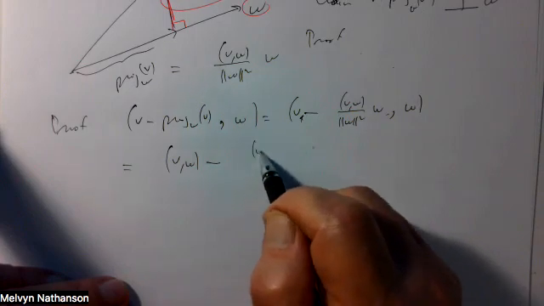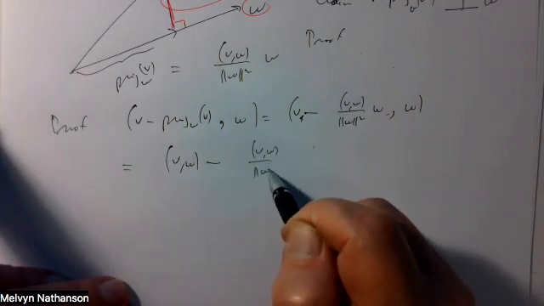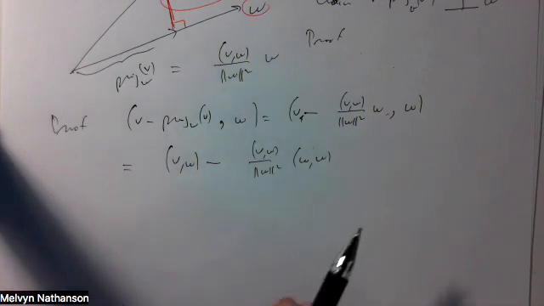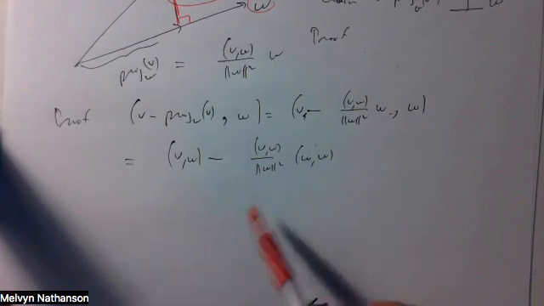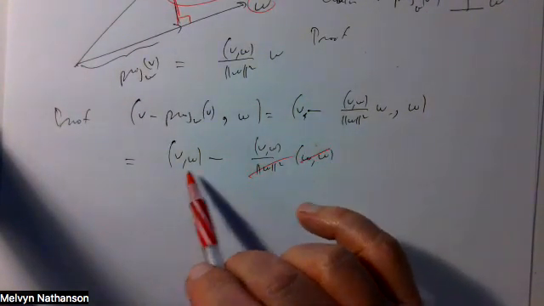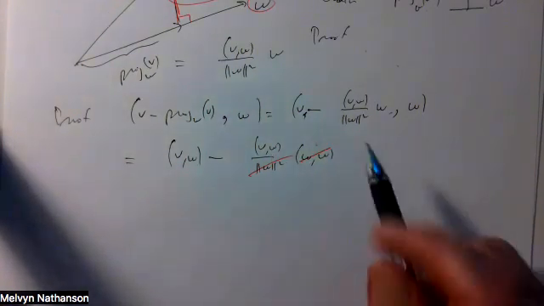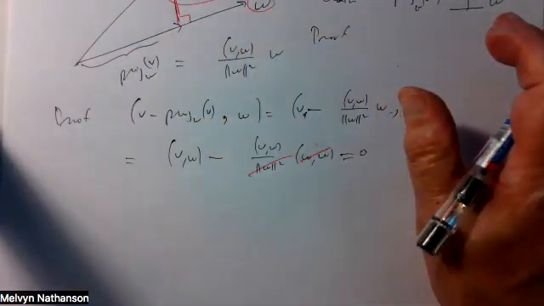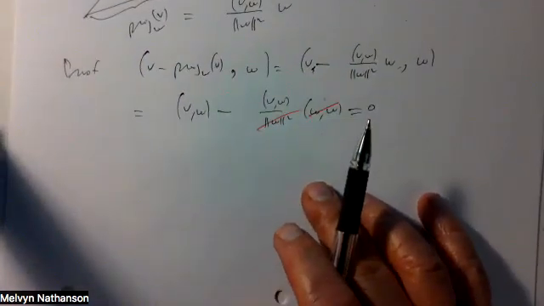This is a constant, VW over the length of W squared, times the inner product of W and W. But the inner product of a vector with itself is the length squared. So these cancel, and I just get VW minus VW, which is 0. So this vector is perpendicular to W.